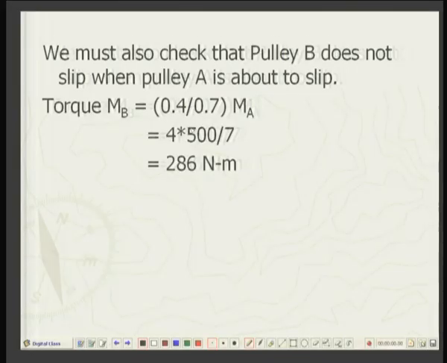Okay, you can easily say the MB over MA, that is the torque at B over torque at A, is equal to 0.4 divided by 0.7, in the same ratio as the radii or the diameter. All right. So you will have the corresponding torque as 286 newton meters. Okay.